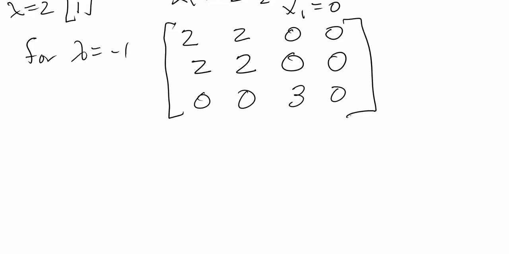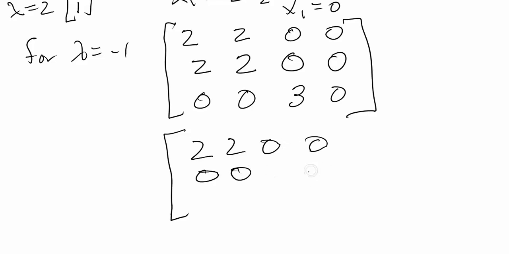So when we perform Gaussian elimination on this, we get 2, 2, 0, 0, 0, 0, 0, 0. Next row is full of zeros. And our last row is 0, 0, 3, 0.